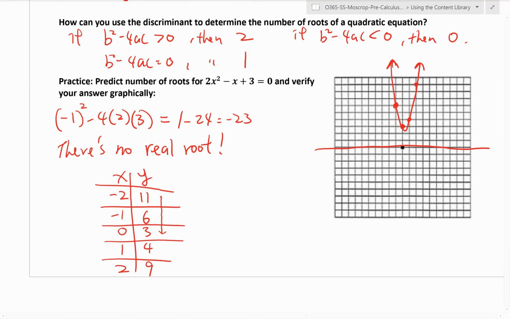Okay, that's it for this lesson. Hopefully that makes sense to you. It really is just combining the last lesson and the lesson from Unit 3 together to have this lesson, right? It's just putting different concepts together. So you can use the discriminant to tell if there's a solution or not in your quadratic equation.